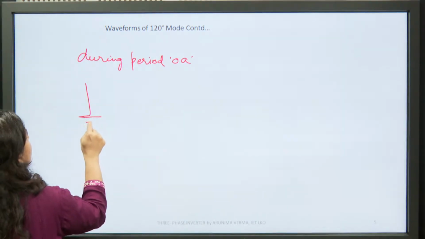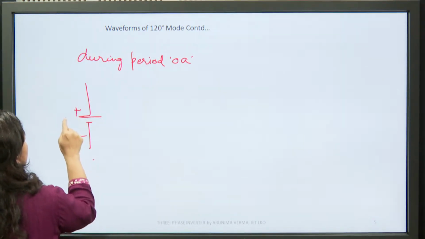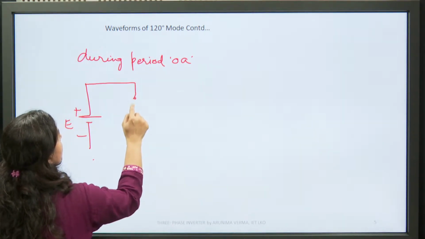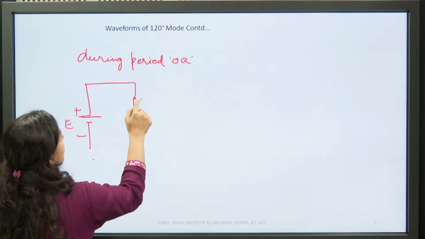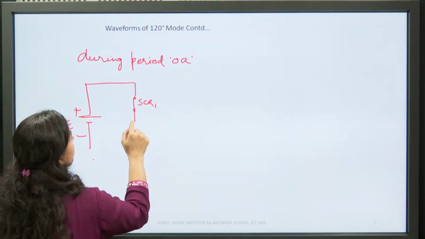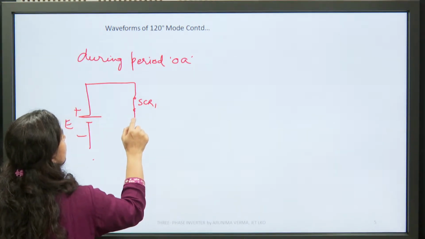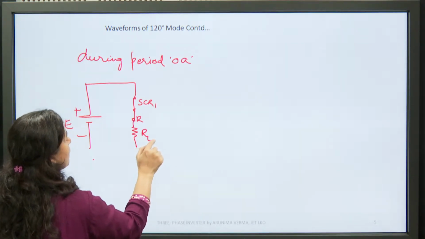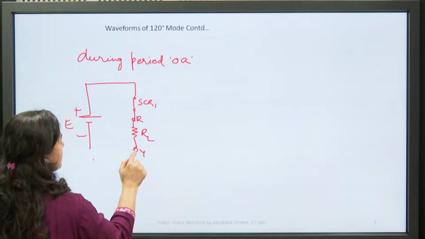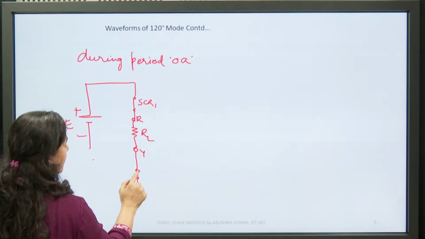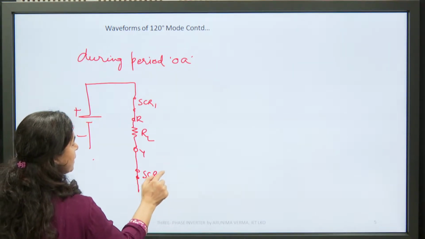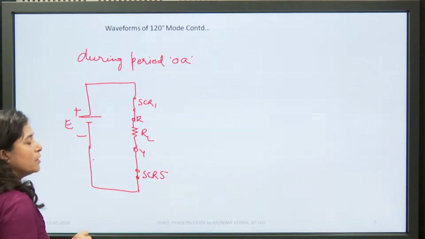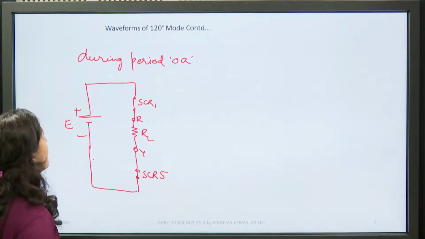So, we have E, this is SCR 1 of R phase. Then we have RL load, again we have Y phase, then SCR 5 which is conducting is again shorted and back to this. Now, this is the path which is followed by the current as well.